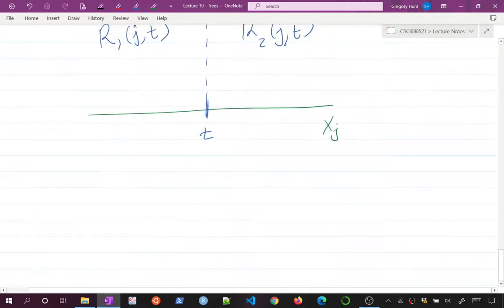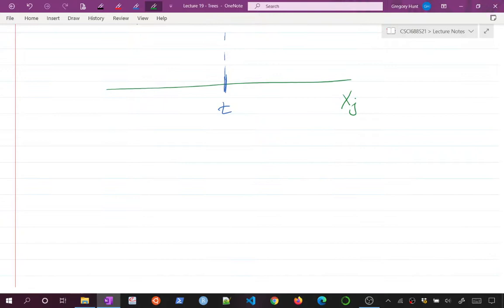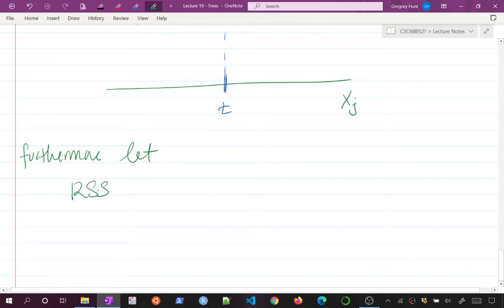We can define, furthermore, the RSS of splitting variable j at point t. This is just going to be the RSS of splitting of the one side and the other side.